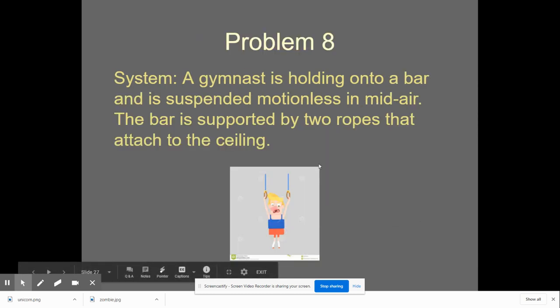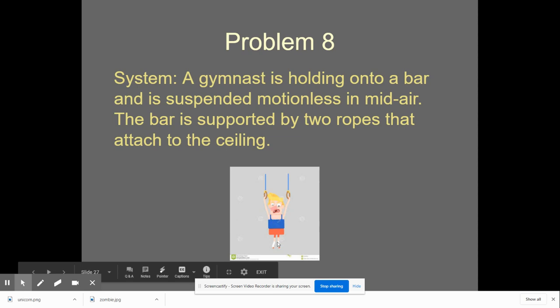Oh, look, a gymnast is holding onto a bar and is suspended motionless in midair. The bar is supported by 2 ropes that attach to the ceiling. All right, now I'm drawing the free body diagram here. And we know we have gravity pulling down. It says that the gymnast is motionless. All right, so I think we're supposed to be like no movement there.